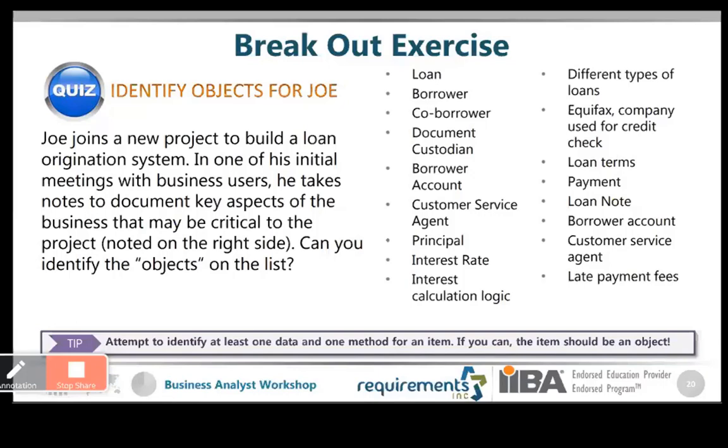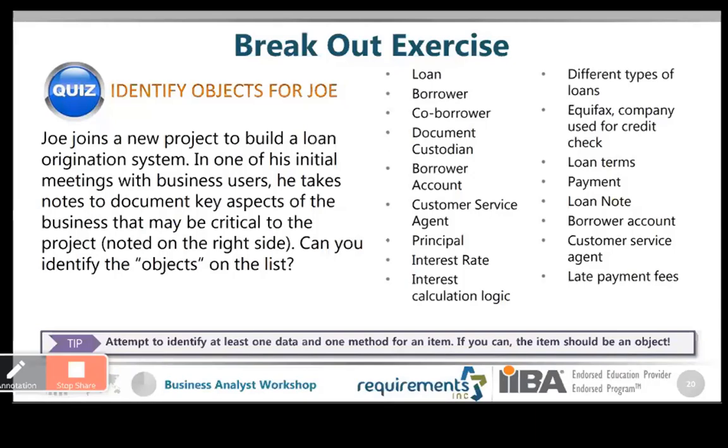Okay, next one. Document custodian. No, it's not an object? Why not? What are they keeping? Where's the data for document custodian? Document custodian is whoever holds the document, like an escrow. Whoever is responsible to hold the document.